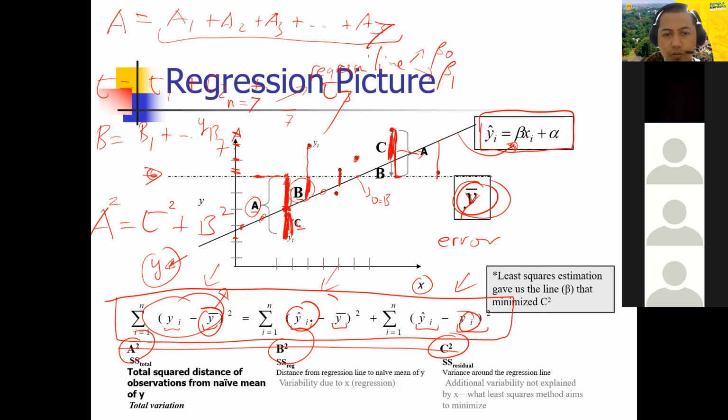Berarti kalau kita bisa memperoleh, if we can get the best possible predictor, this error we can reduce, or we need to reduce this component, this error component. In other words, we can reduce the error in Y by reducing error in this component and in this component.